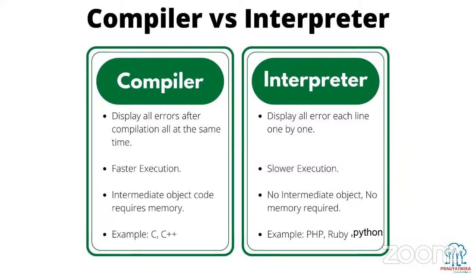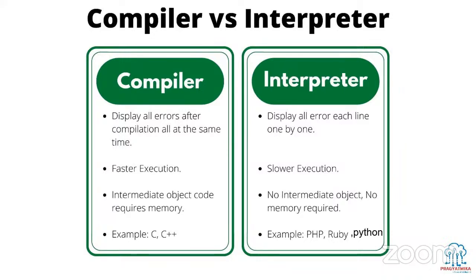Now what is an interpreter? An interpreter is a program that will directly execute instructions in a high level programming language. Without the need of compiling to machine code, it directly executes the instructions. Instead of translating the entire program at once, the interpreter translates and executes the code line by line.